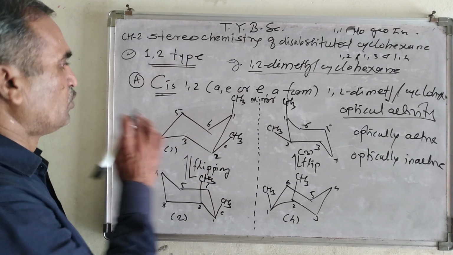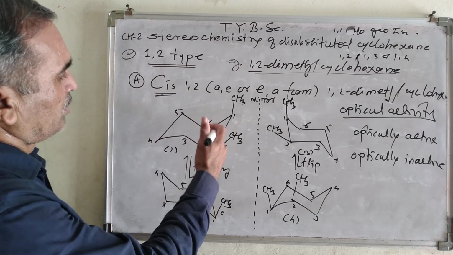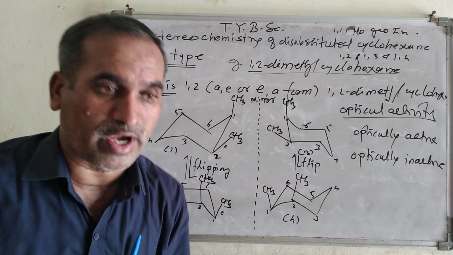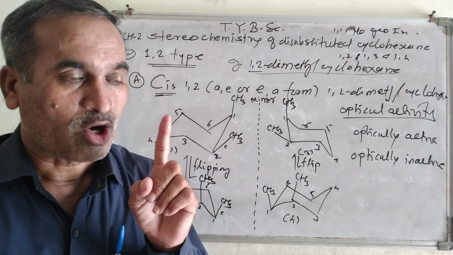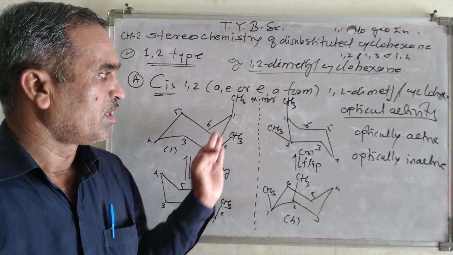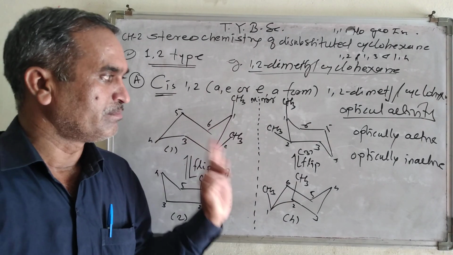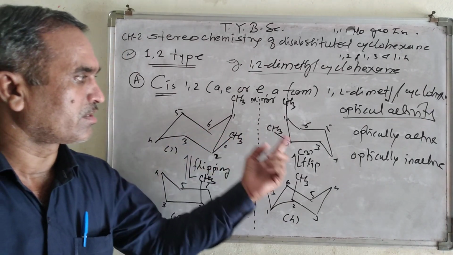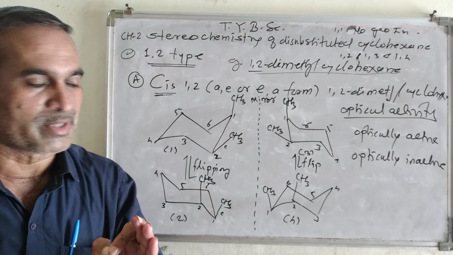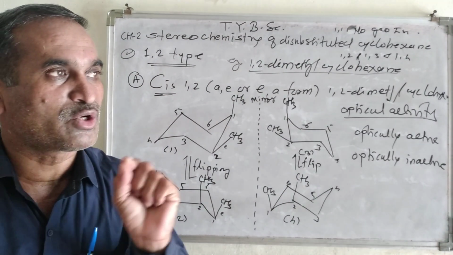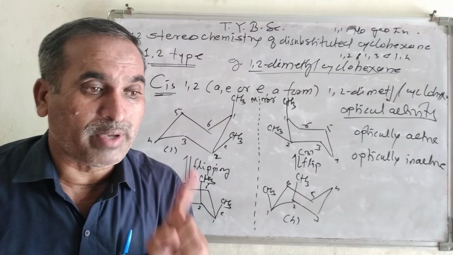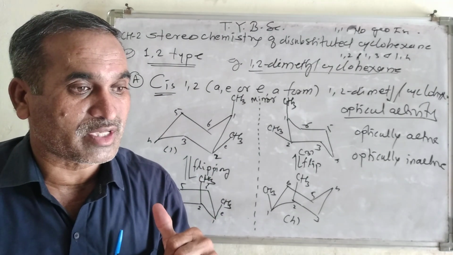Now if you look at here, if you draw from anywhere, you cannot find the plane of symmetry in 4 molecules. There are 4 different molecules, and they do not possess a plane of symmetry, and it is expected to be what I just now said.